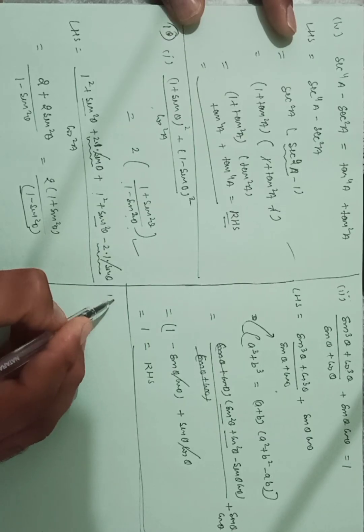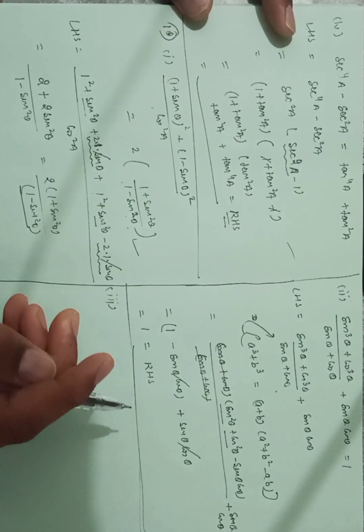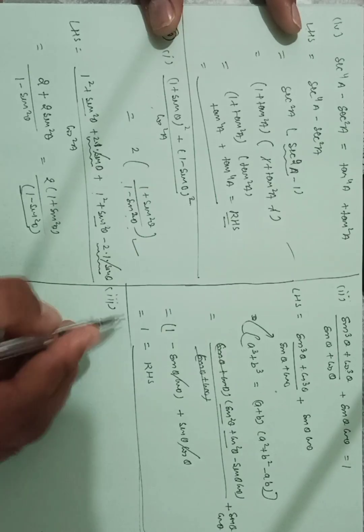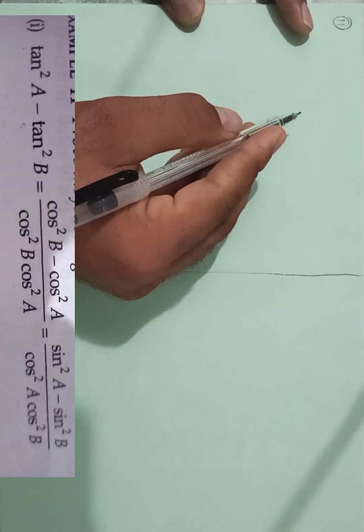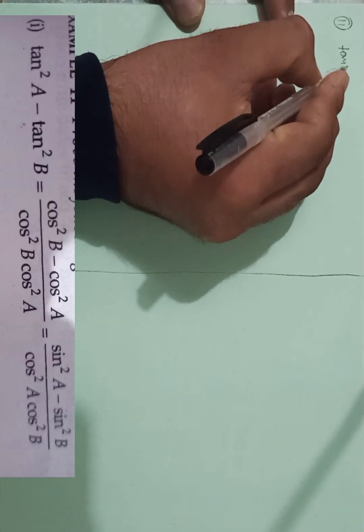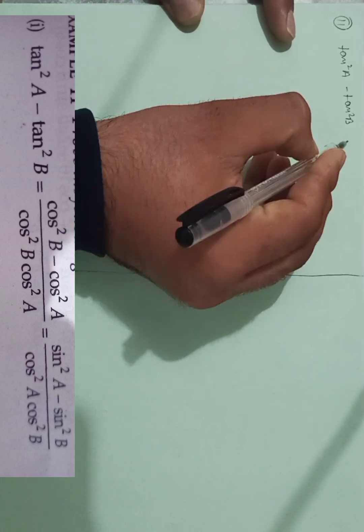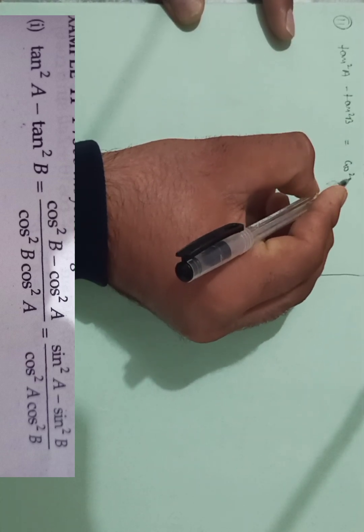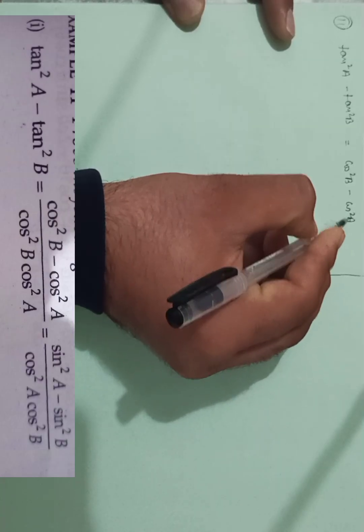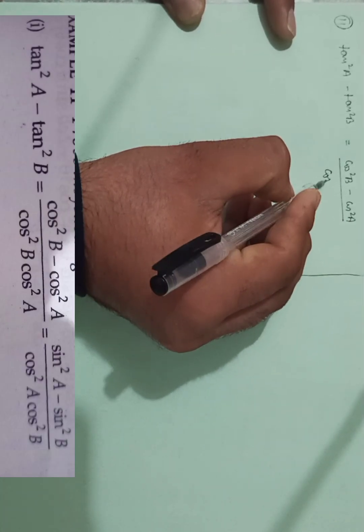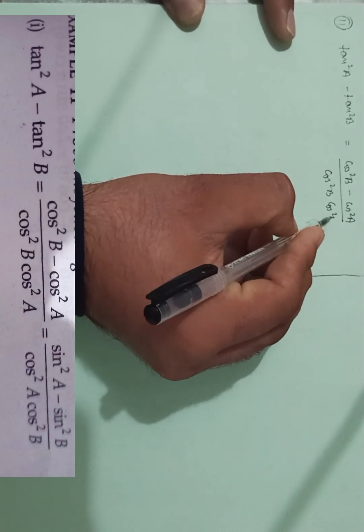This was question number second, and moving to the next question, we don't have any next question, so let's move to question number 11. The very first question of 11 is tan square a minus tan square b, and you have to prove this as cos square b minus cos square a upon cos square b into cos square a.